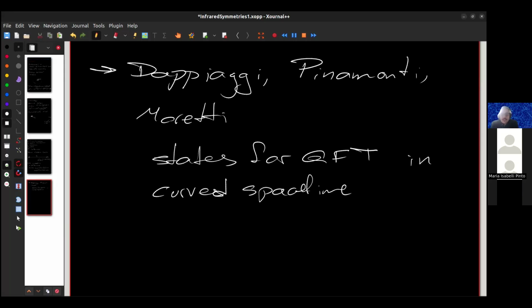So what they managed to do is use super translations. The basic idea is that they construct a state first at infinity, and at infinity they impose that this state is invariant under super translations and under the Poincare group. Later they use this state at infinity to extend it to a state at finite distances.